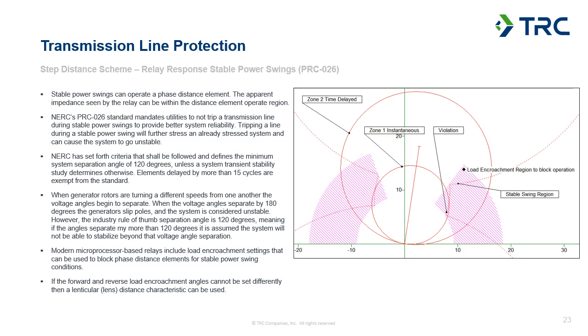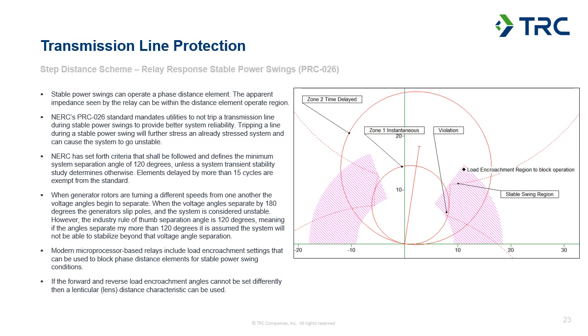So what we've got shown here is solving that by applying a load encroachment blinder with a higher angle and a different reach than we would have otherwise provided for PRC-23 compliance. But basically it has a similar function where it's attempting to block out any areas of non-compliance to prevent the phase distance element from operating.